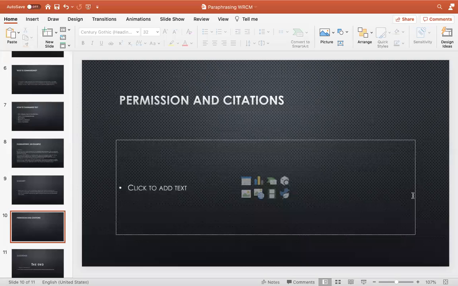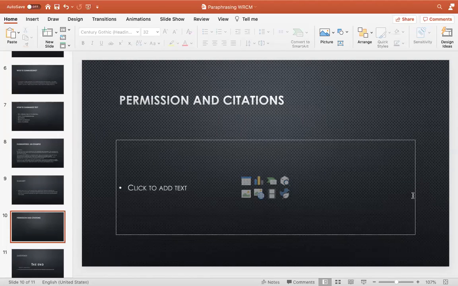In some cases, if you want to publish your essay, you might have to seek the permission of the original author from whom you took a summary and then you use that summary in the essay that you want to publish.